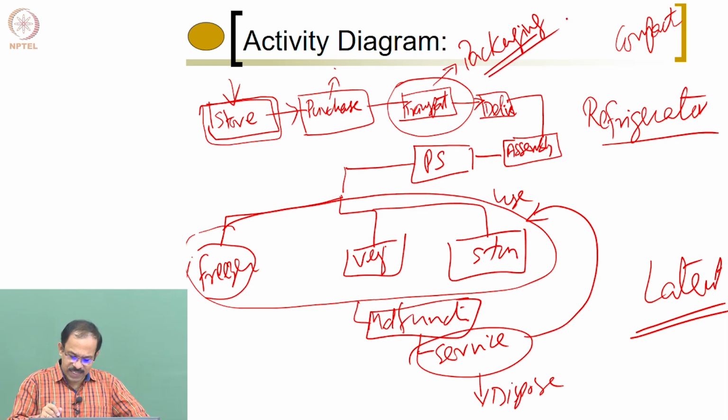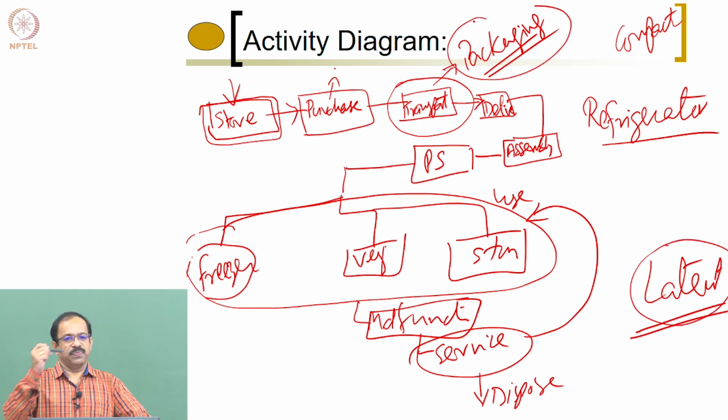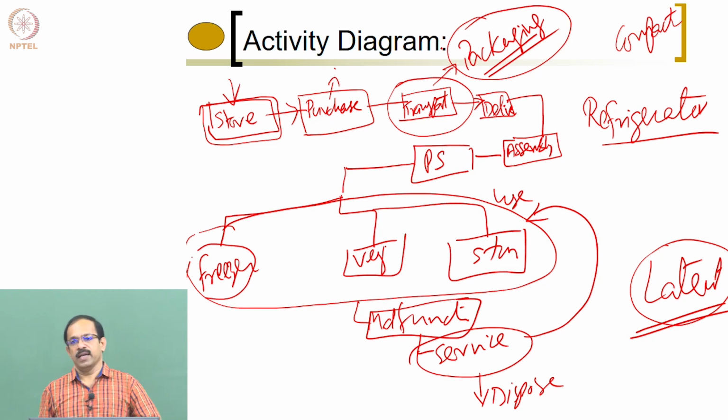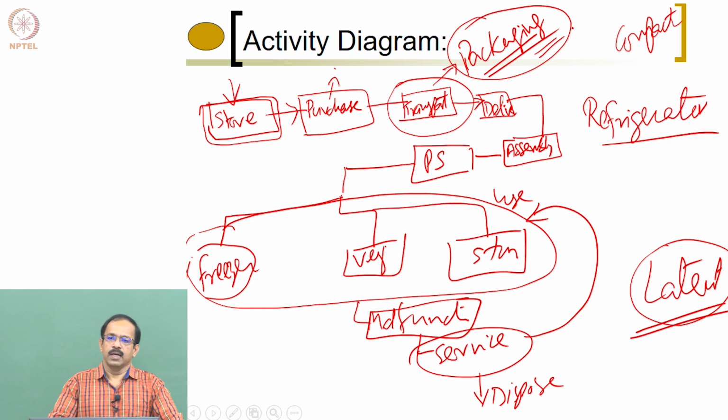So one of the latent needs is that it should be easy to transport, or it should not get damaged during transport, which the customer is not worried about. The customer says that as long as it works at my home, I don't care. But this is the manufacturer's or the designer's responsibility, that it can be easily packaged and easily transported. So that becomes one of the latent needs of this product.